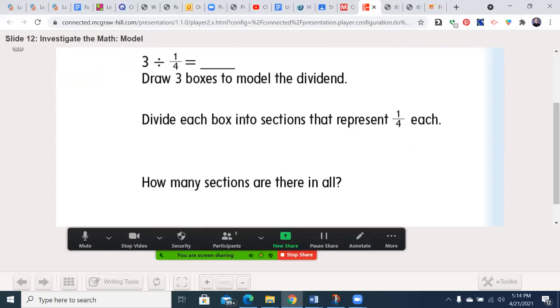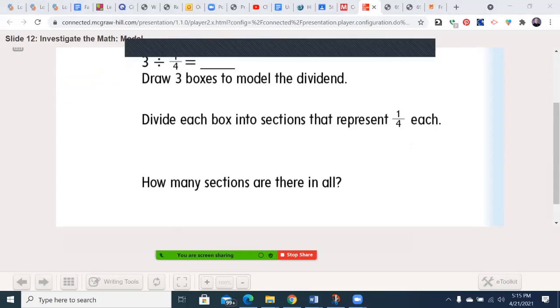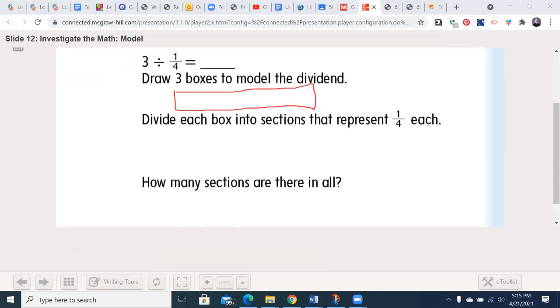So I'm going to come right to here. Draw 3 boxes to model the dividend: 1, 2, and 3. Then I have to divide each one into quarters, so there'll be 3 lines in each section, giving 1, 2, 3, 4 pieces.